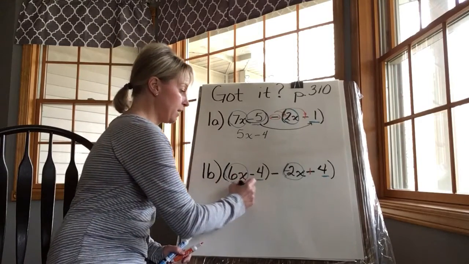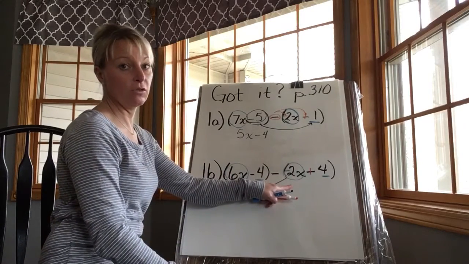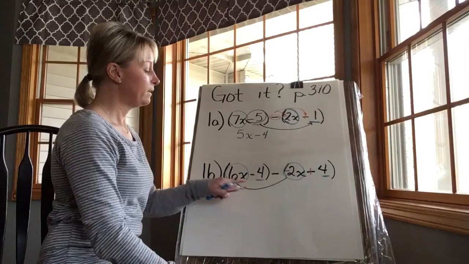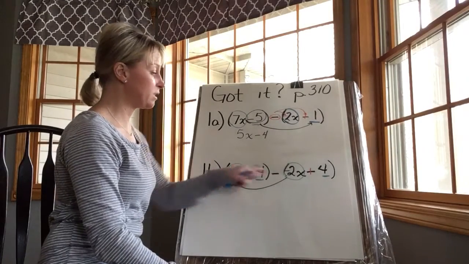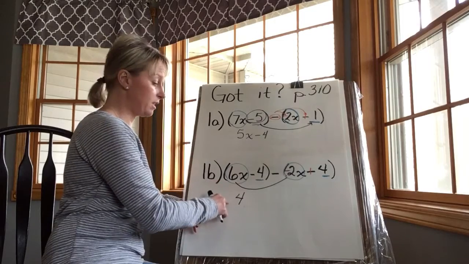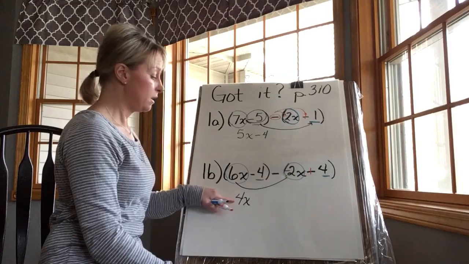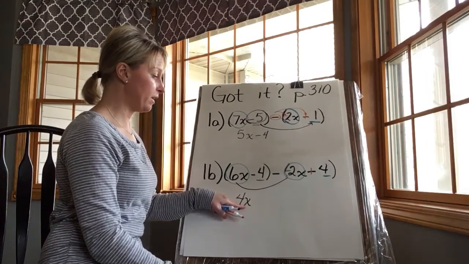So 6x and a negative 2x. One's positive, one's negative, so you subtract, keep the sign of the bigger number. So 6 minus 2 is 4. The sign of the bigger number is 6, so it stays positive. And you keep the variable with it.